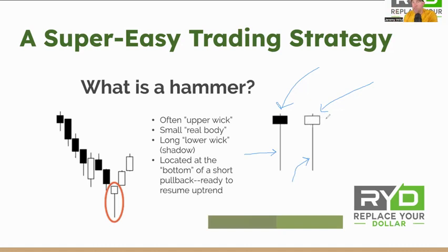The price closes higher than it opens, and it has a little tiny wick. Now, they could be bullish hammers or they could be bearish hammers. Both are typically bullish and indicate that there's a reversal coming. And if you could find these located at the bottom of a pullback, this can often indicate that the stock is ready to bounce.